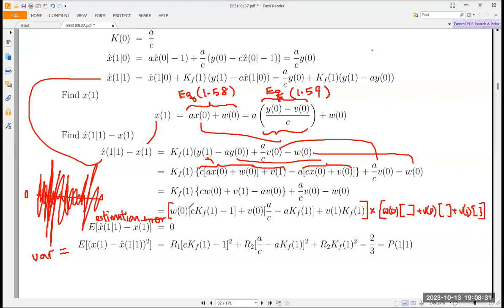Now, the easy part is this W0 will have to multiply by the W0 part. All right, but W0 will also have to multiply by the V0 part, and W0 has to multiply by the V1 part. Now, the point is, if W0 is zero mean independent, all right? And V0 is also zero mean independent.